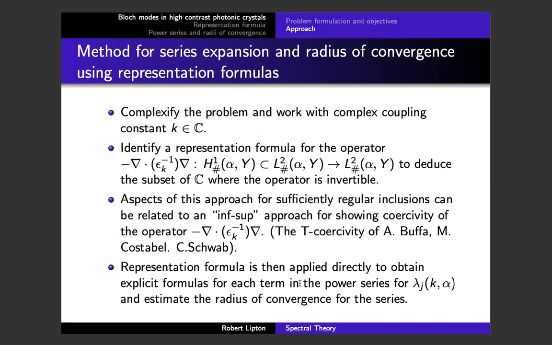We get a representation formula, like I said. There are parts of this approach which touch upon the notion of T-coercivity introduced by Buffa, Costabile, and Schwab. The representation formula is then applied directly to give explicit formulas for each term in the power series, and then we obtain radii of convergence of this power series.